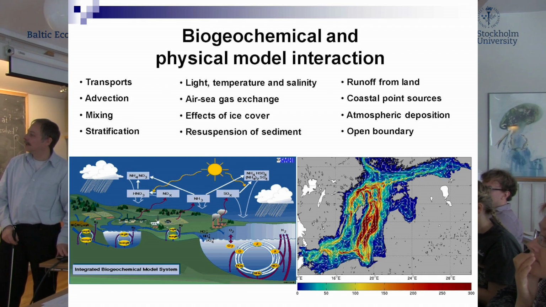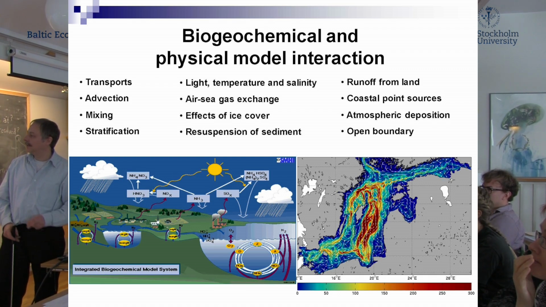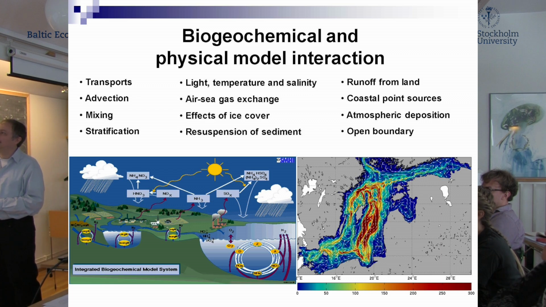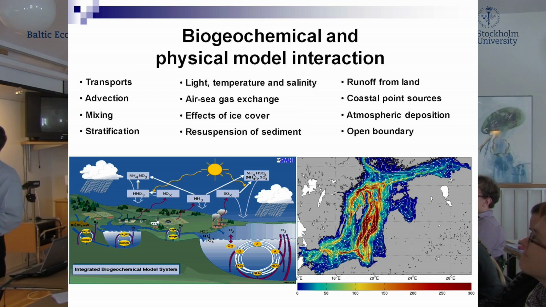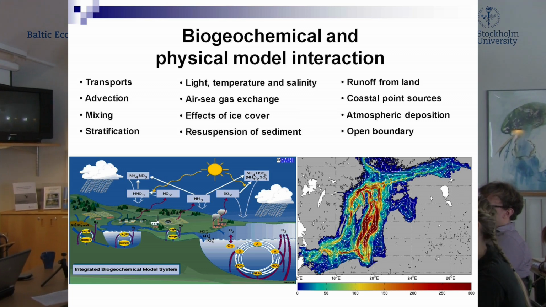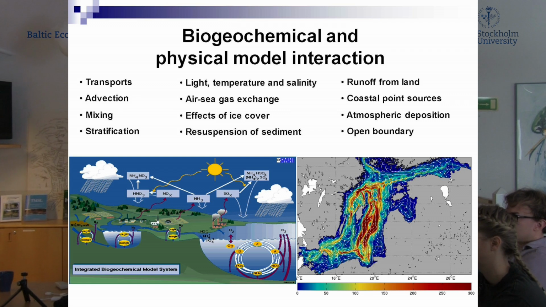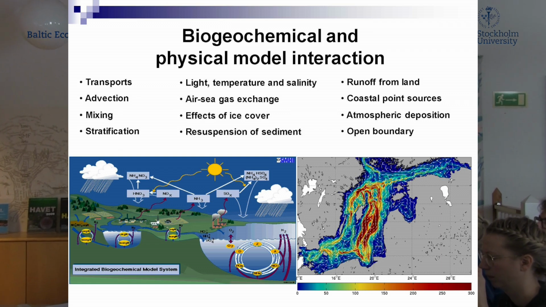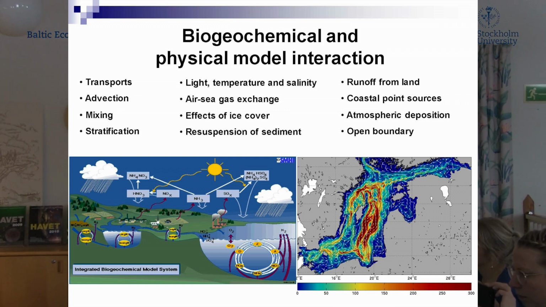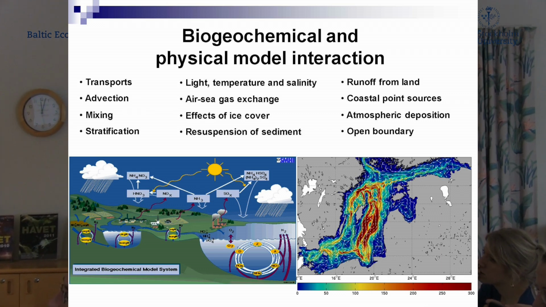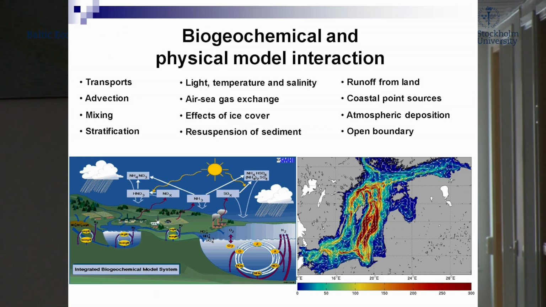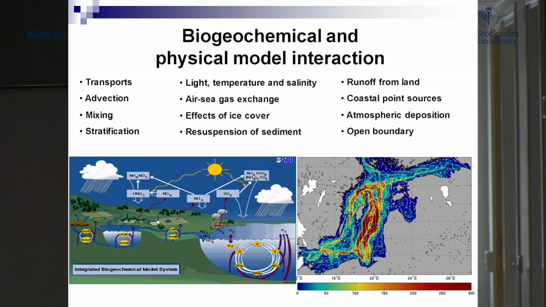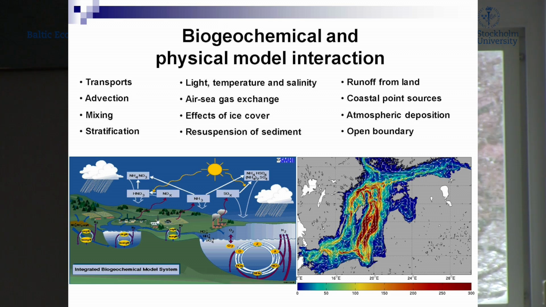Okay, and this we put in, we somehow summarize the modeling efforts. So you have here the processes included that, well, impact the biogeochemical cycling. So of course you need to have an ocean model, a three-dimensional physical model, a three-dimensional biogeochemical model, and then you need the supply of nutrients from land and from the atmosphere.